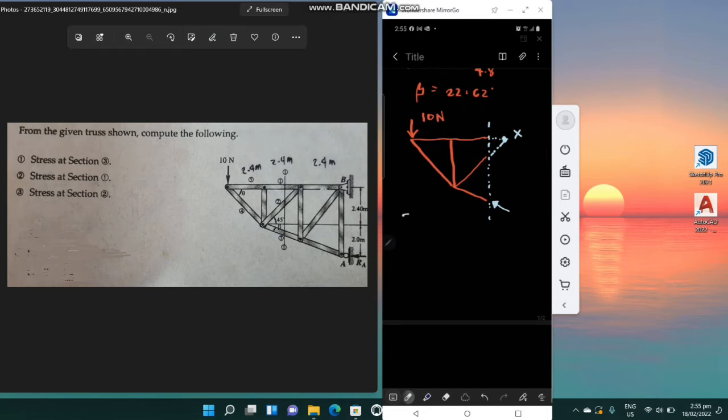So summation moment at x, at point x equal to 0, we have a 10 Newton multiplied by the distance na duha ka 2.4, that is 4.8.